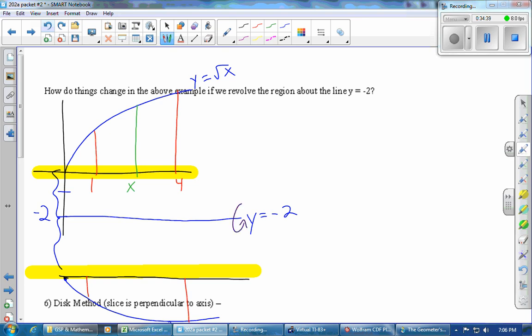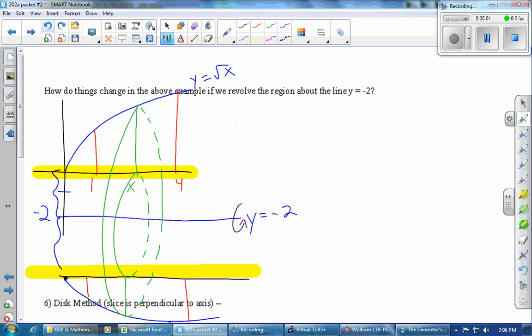Just because you're spinning around this line doesn't mean the slice goes to that line. The slice is completely inside the region. And so we take that slice and we spin it down here. And so we get this inner circle and then this outer circle. And we have ourselves not a disk, but a washer.